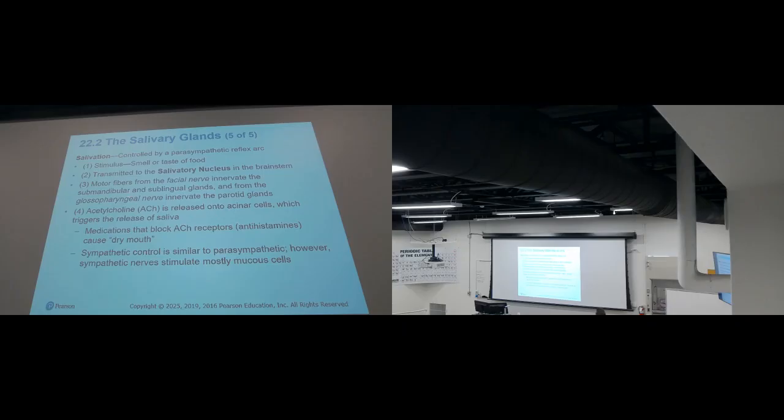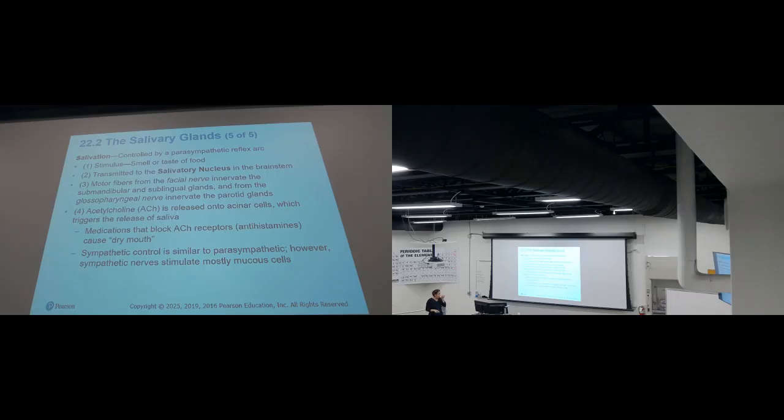This facial nerve, with these motor fibers, is going to provide innervation to the submandibular and the sublingual gland so that we can have production of saliva, and also the contraction of these glands so that we can release the saliva. So cranial nerve number 7, or facial, innervates submandibular and sublingual glands, the ones that we have in this area. While the parotids, which we have here, are innervated by the glossopharyngeal nerve, or cranial nerve number 9.